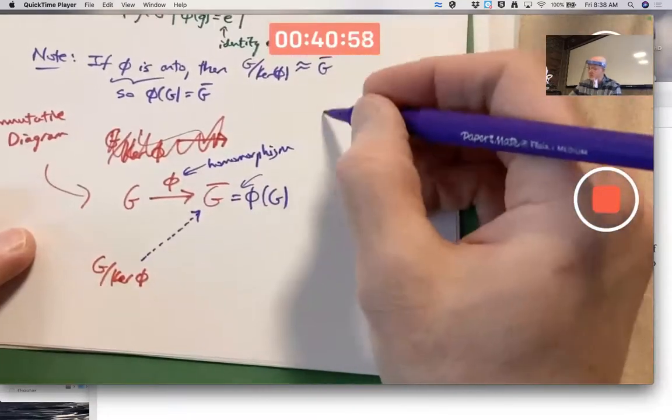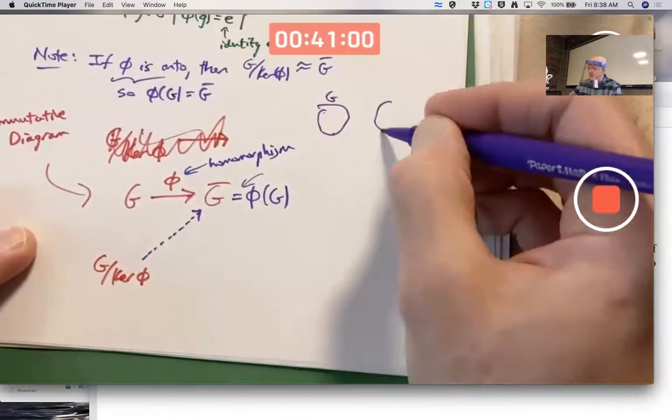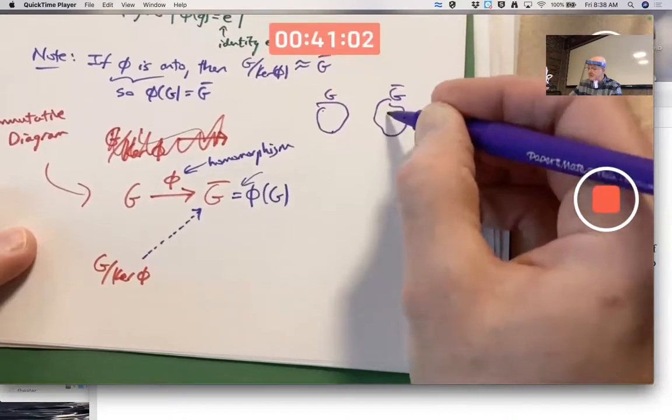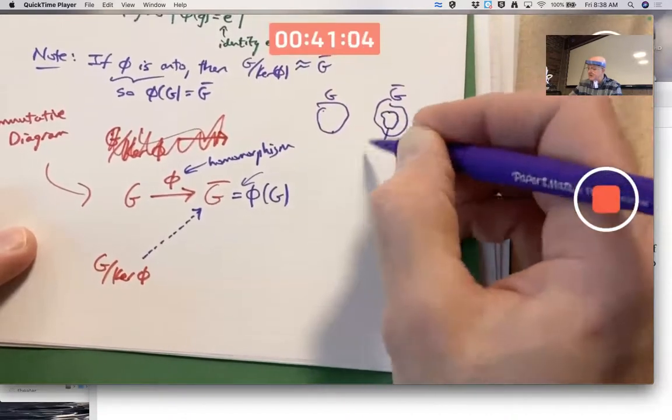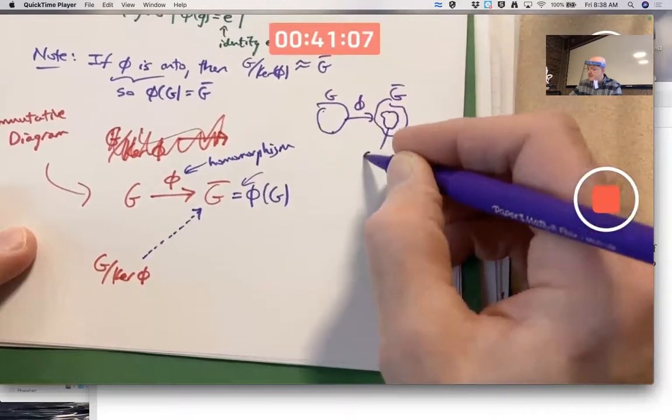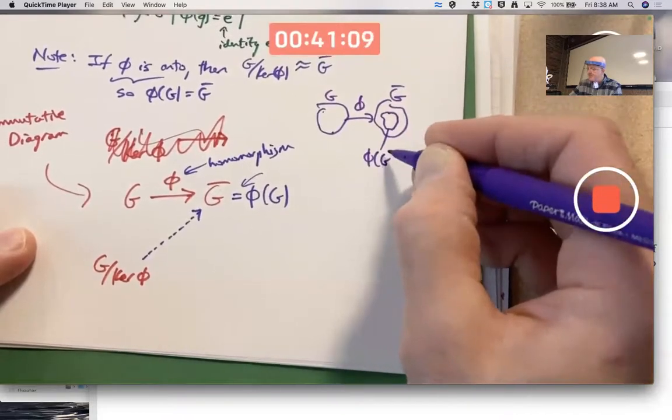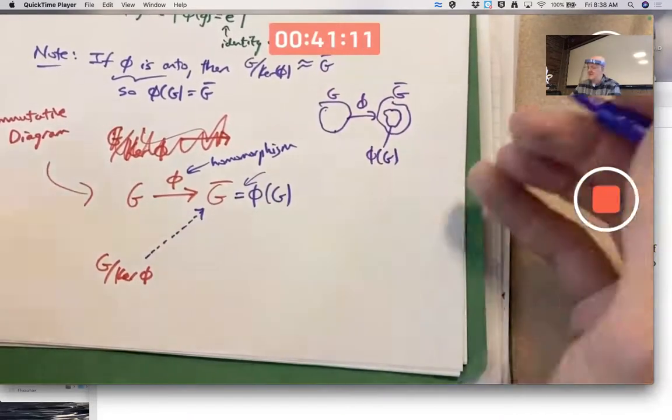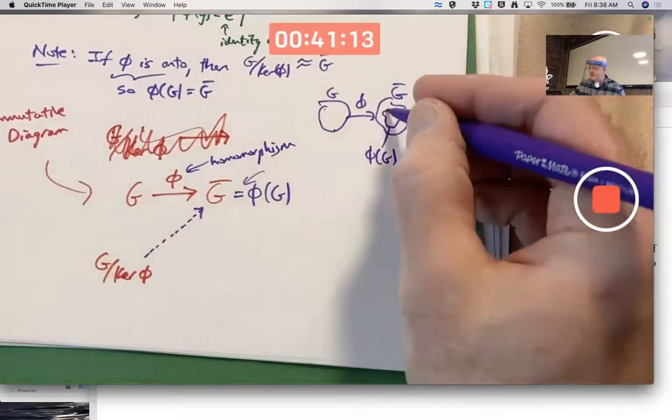Think about a blob picture. If that's G and this is G bar, the image might be smaller than G bar. But if it is, then you could shrink G bar to be just the actual image.